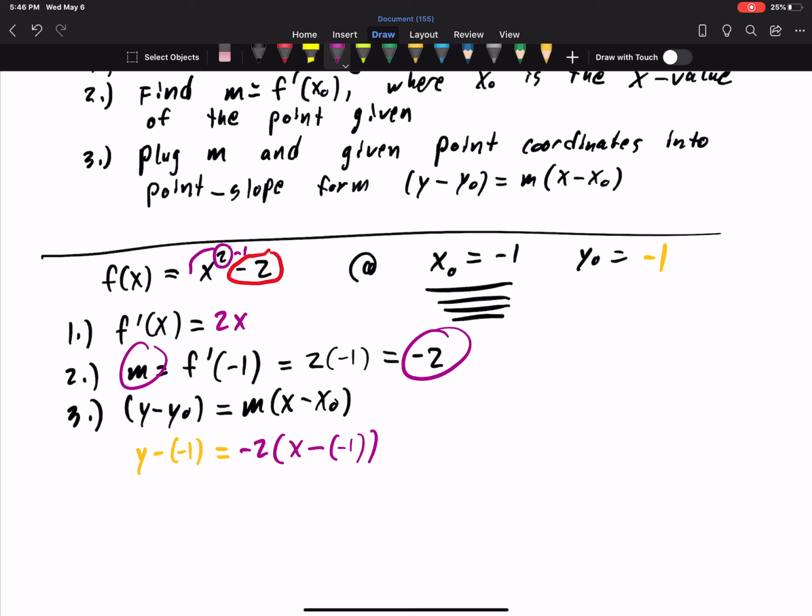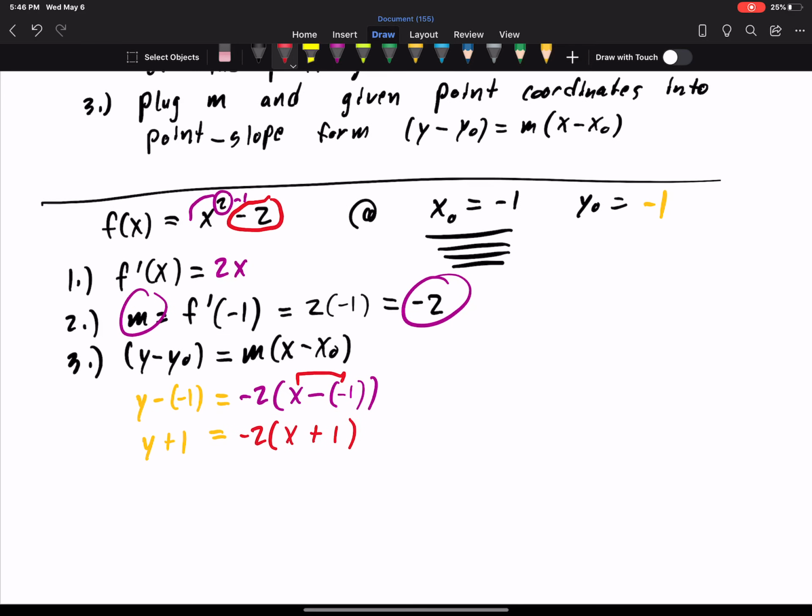Okay, so now handling the left-hand side of this, y minus minus 1, that's the same thing as y plus 1. Then on the right-hand side, I have minus 2 times x plus 1 for the same reasons. All I did was clean up the inside of this. All right? And then we can simplify this a little bit further by taking this 2 and distributing it into this set of parentheses.